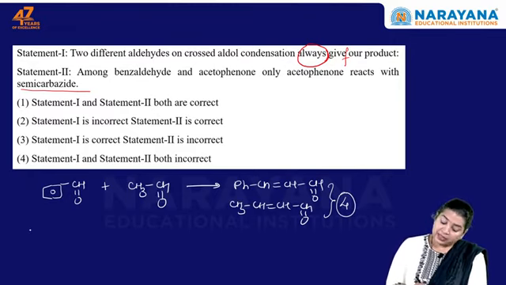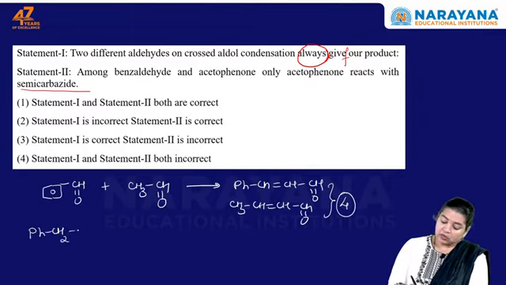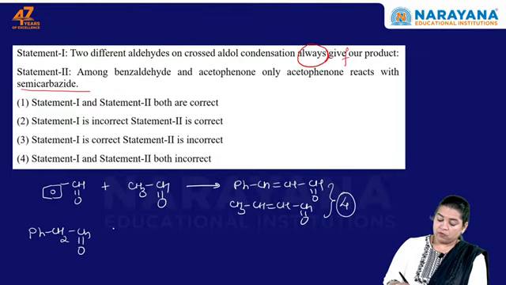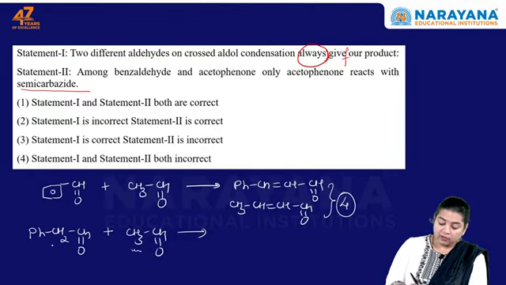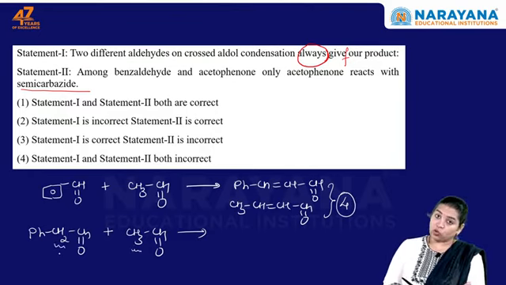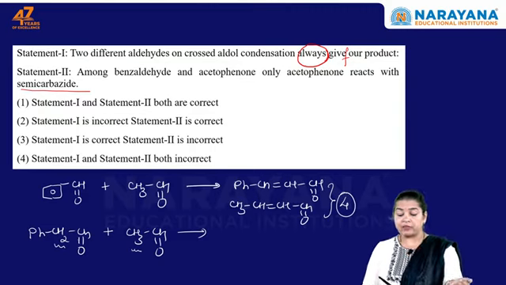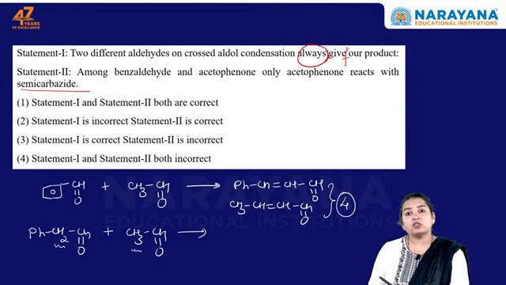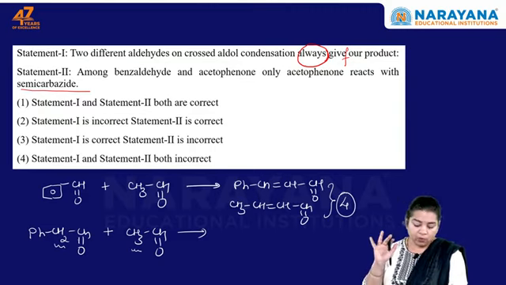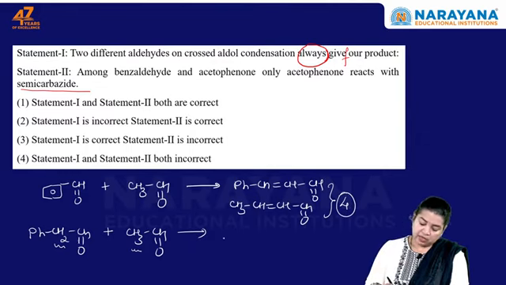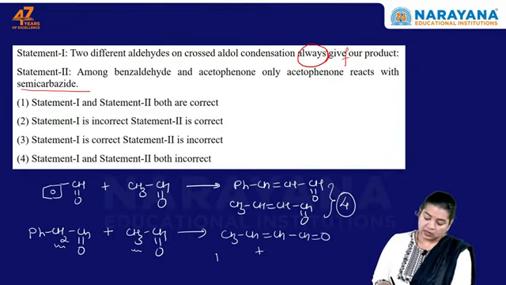What if I take something like phenylacetaldehyde and acetaldehyde? Now, both have alpha H, right? So, considering the geometrical isomers, I will definitely get a much larger number of aldol products than 4. I think all of you have now got the hint of what I am suggesting, right?